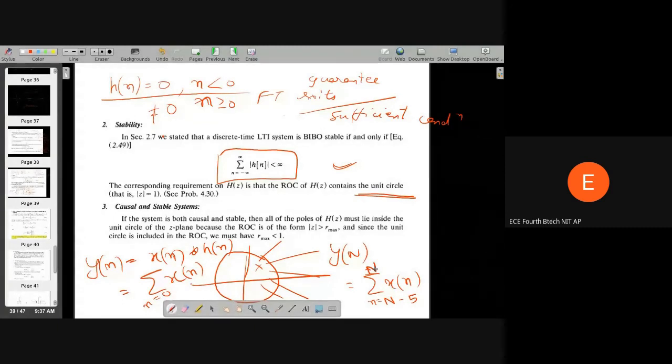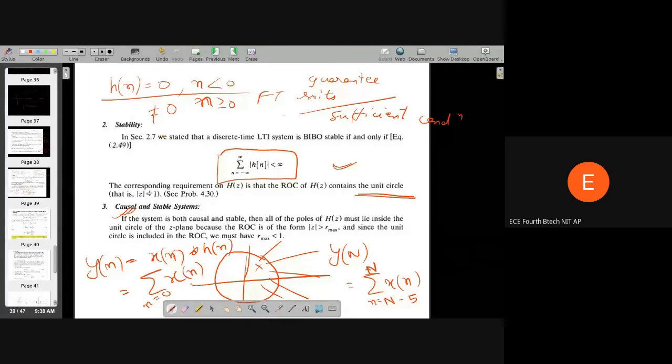That is important, because in real time, when we are getting a signal, you don't know its future values. So a causal system means it is dependent on the past only. It has no dependency on the future. It is dependent on current values or the past, but not on the future. That's why we want the system to be causal. That's the definition of causality.